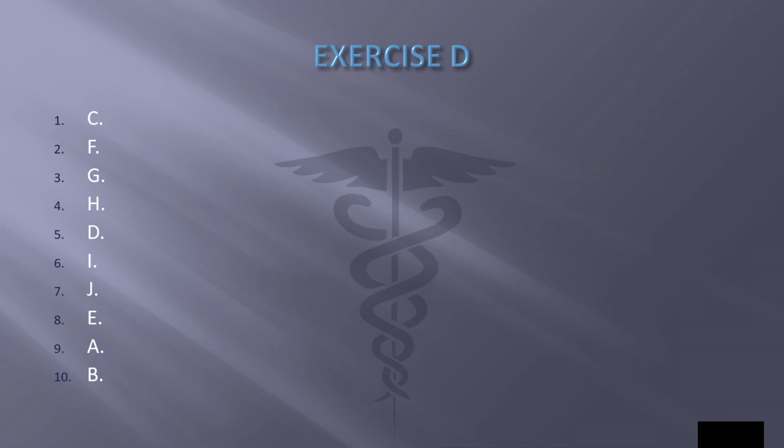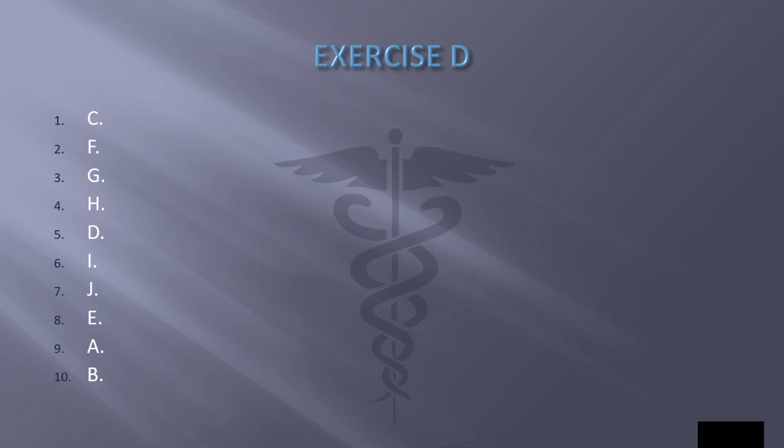5. Stomatitis is D. Inflammation of the mouth. 6. Gastrojejunostomy is I. New opening between the stomach and second part of the small intestine. 7. Pancreatitis is J. Inflammation of a gland adjacent to the stomach.